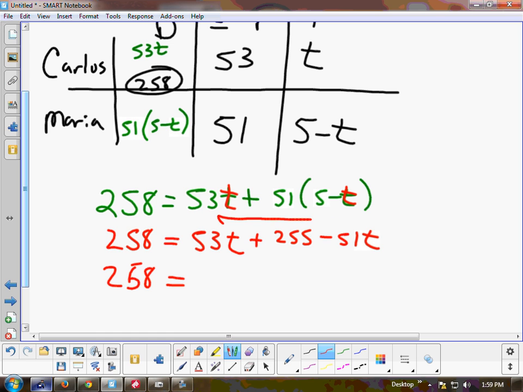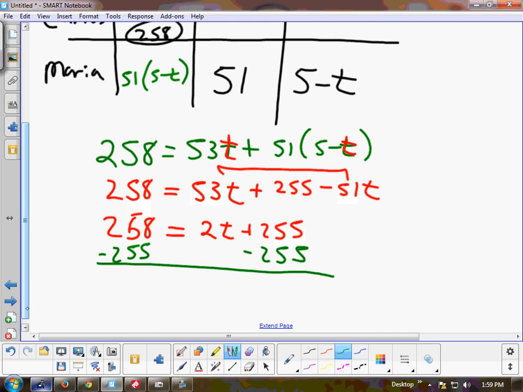So I'm going to combine these two to get 2t, and then I'm going to subtract 255 from both sides. So 258 minus 255 is 3. So t would equal 3 over 2, which is 1.5 hours.